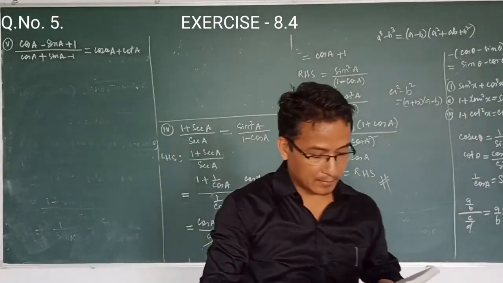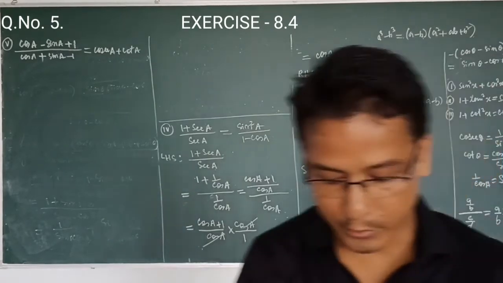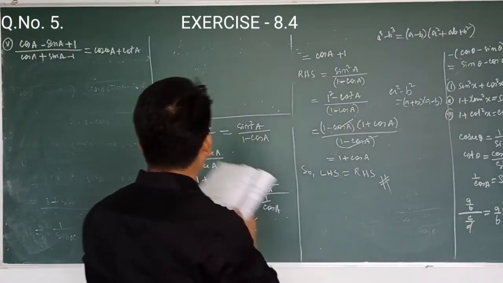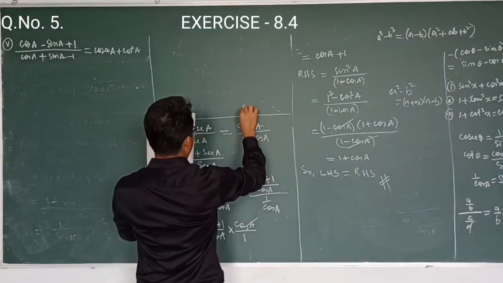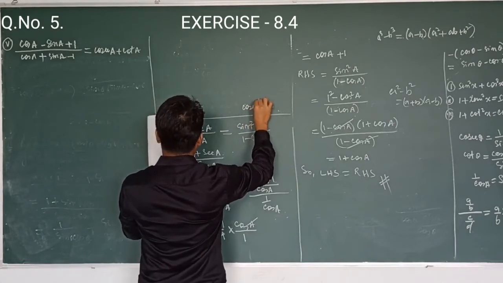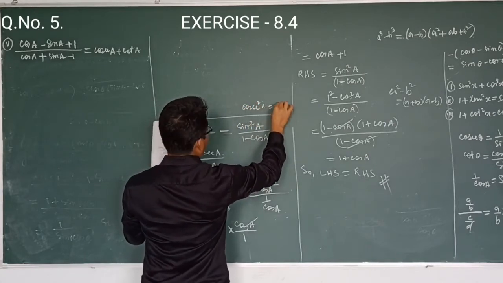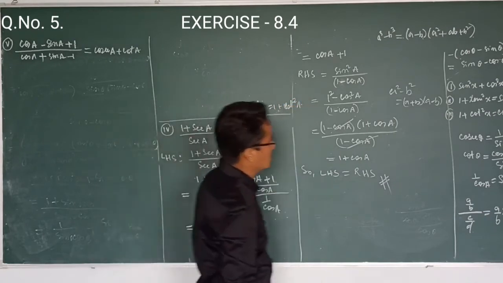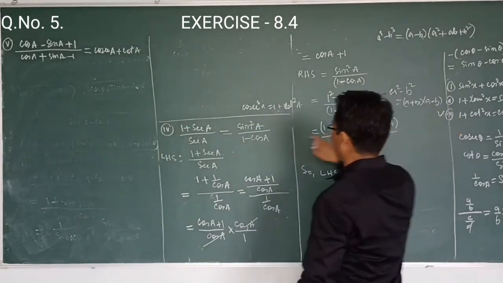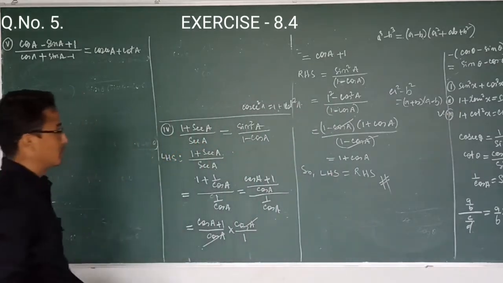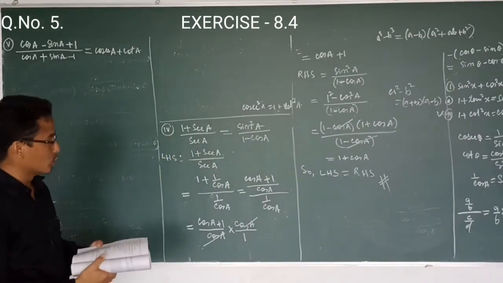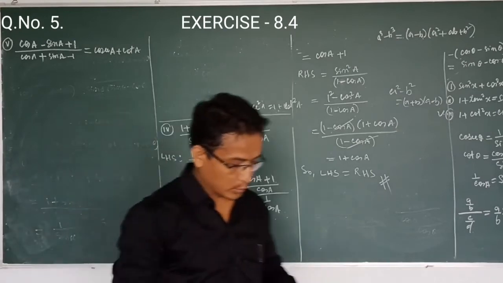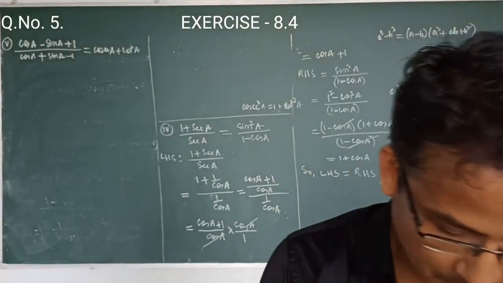And they are saying in the question that we have to use the identity, that is cosec square A equal to 1 plus cot square A. Okay, so we use this identity to solve that question. 1 plus cot square A equal to cosec square A. So let's see how we solve.